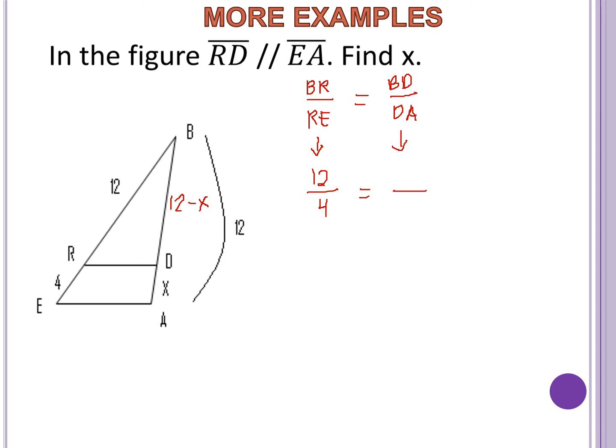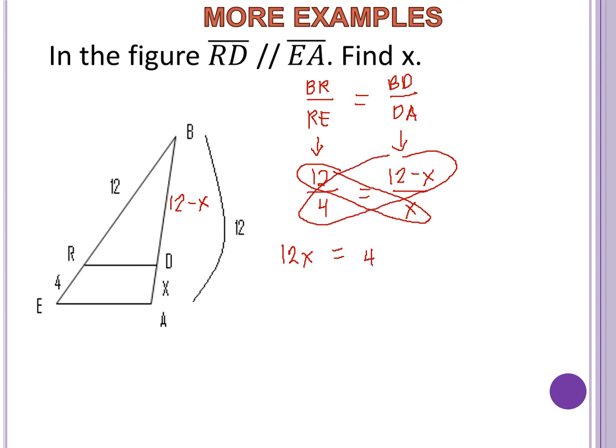So therefore, we have 12 minus x over 4 is equal to 12 over x. So to solve for x, we cross multiply. 12 times x, we have 12x, is equal to 4 times the quantity 12 minus x.